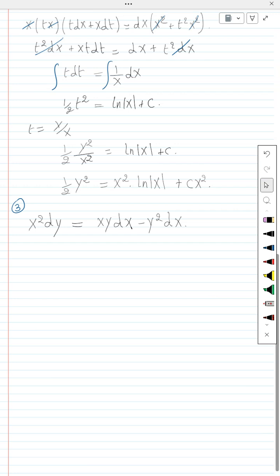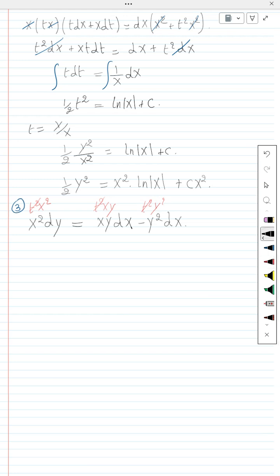We cannot separate x and y here, but it is homogeneous. Why? Because if we replace x and y by tx and ty, it's going to be t squared x squared, t squared xy, and t squared y squared, and all the t squared are going to cancel. So we end up with our first equation.